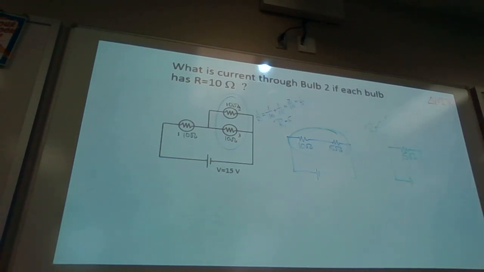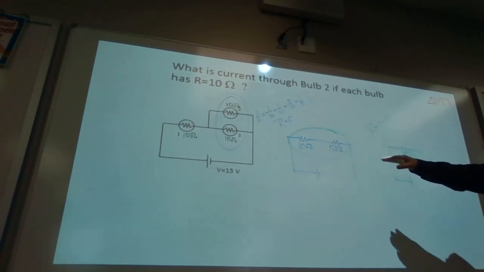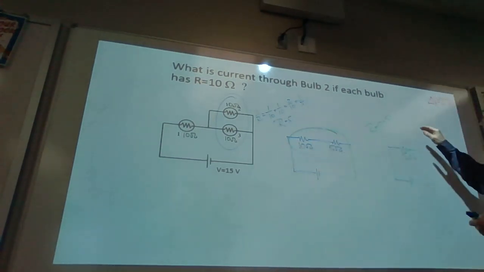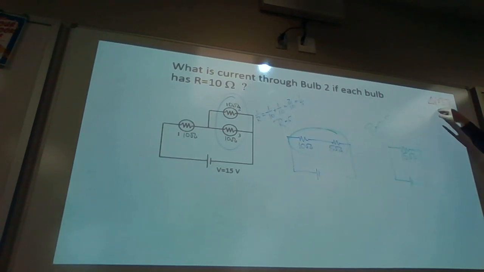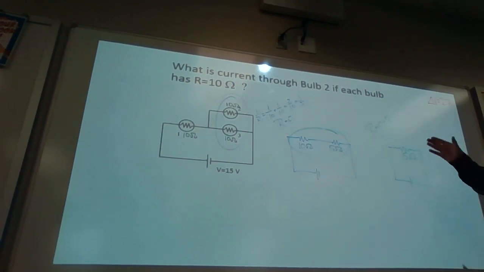So here's how we're going to use this. At every level, we're going to find all three measurements for the resistor that I care about: the voltage, the current, and the resistance. All three of those for every level.